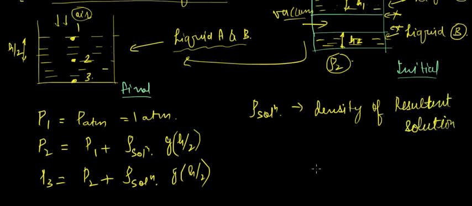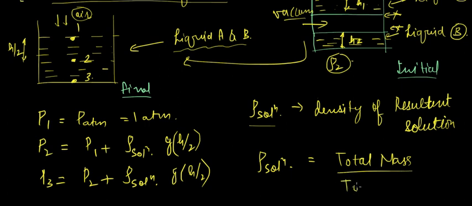Okay, and how do we calculate rho of solution? Rho of solution would be simple: total mass of solution divided by total volume of solution.